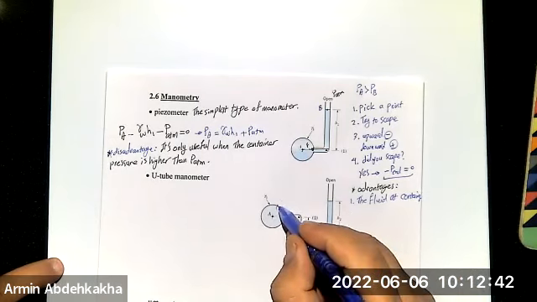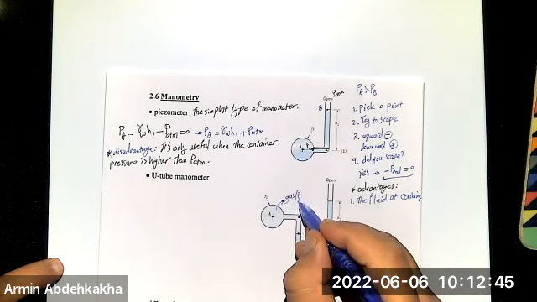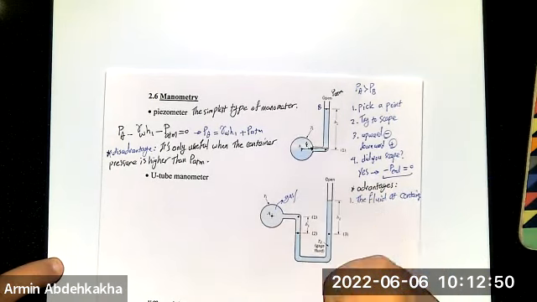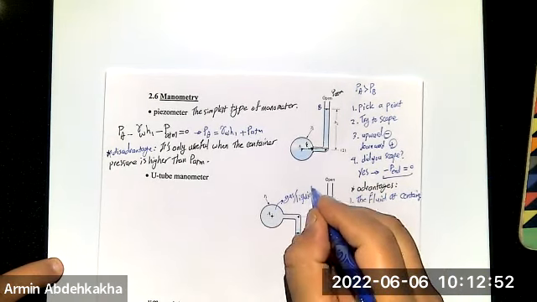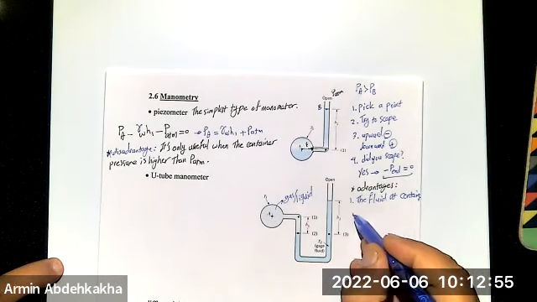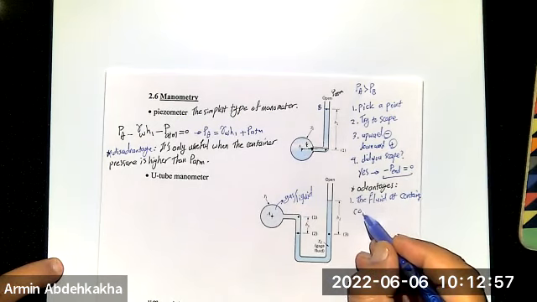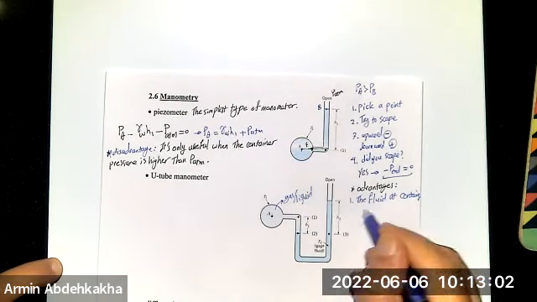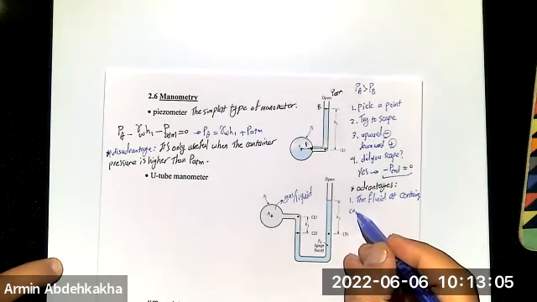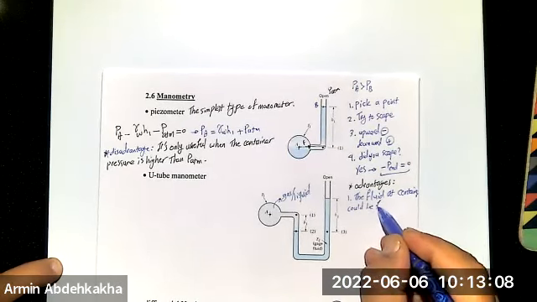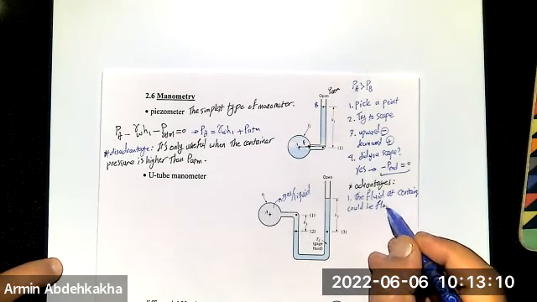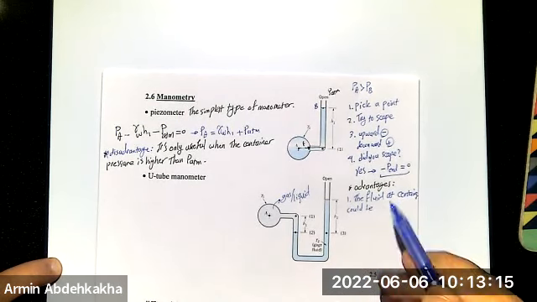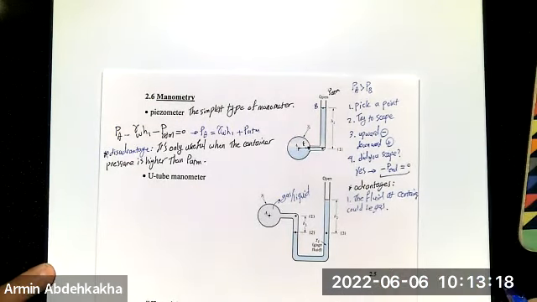So it's possible to be a gas or liquid, any type of fluid. That's the first advantage of this one. The fluid at the container could be liquid or gas.